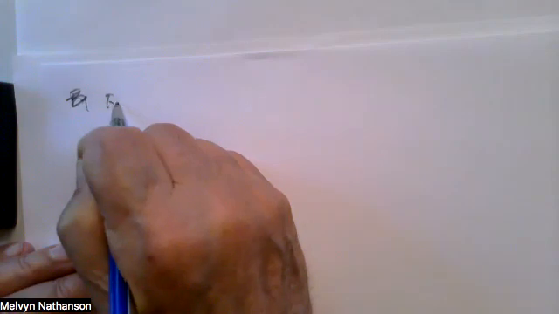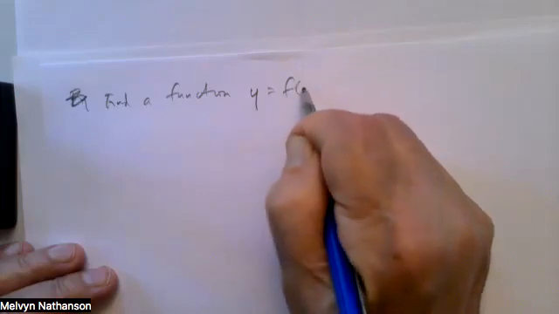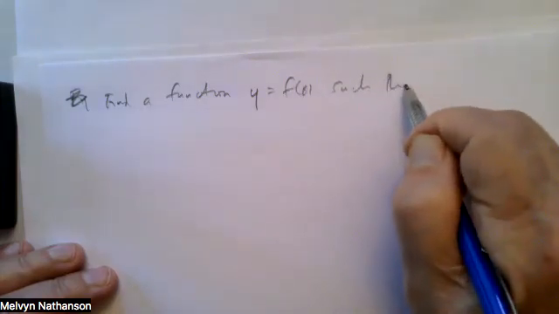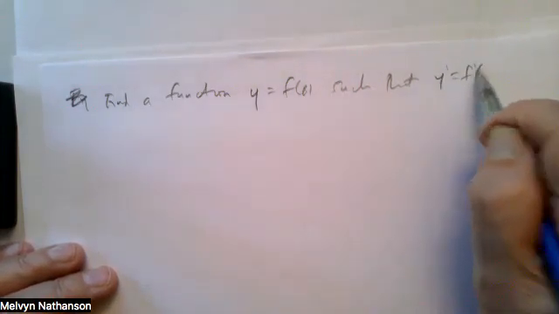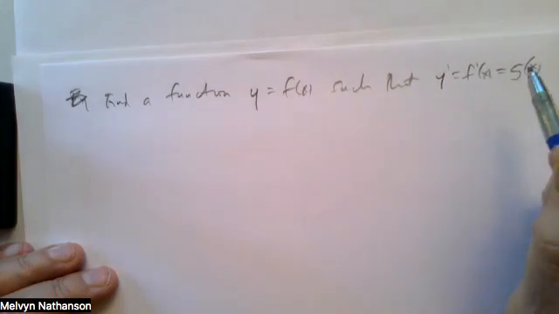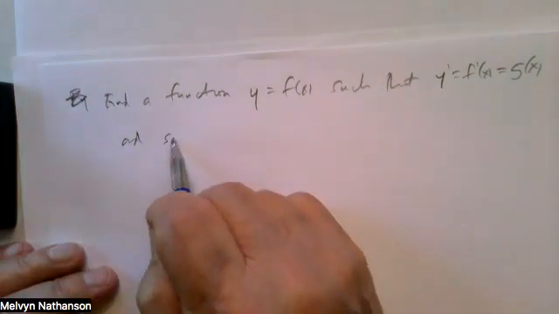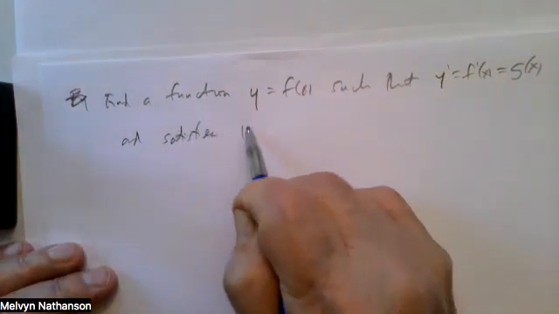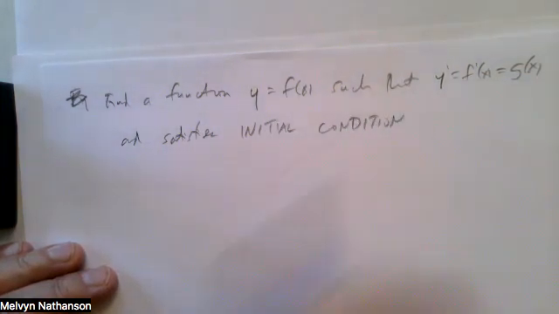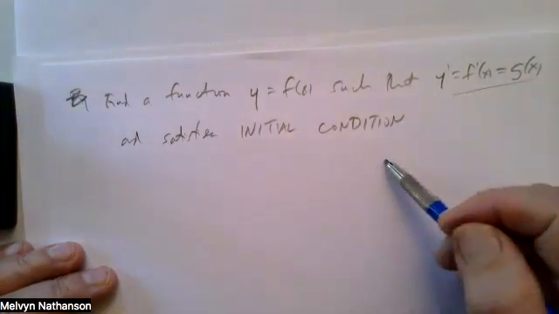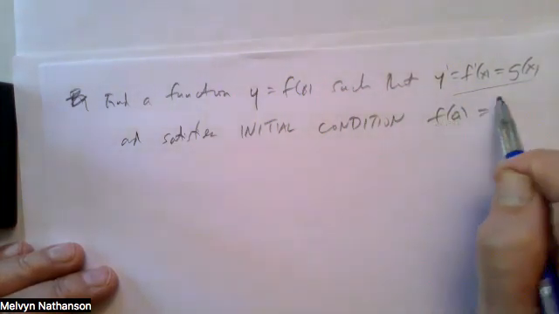Find a function y equal f of x such that y prime, or if you like f prime of x, it's the same thing, is some function g of x and satisfies what we can call an initial condition. So we not only want to satisfy this differential equation, but at some value x equal to a, we want the value of the function to be equal to b.